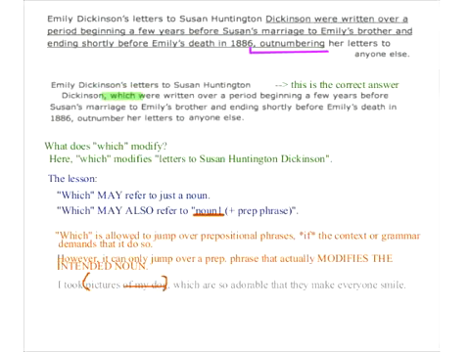So this is important because this is the kind of prepositional phrase that you can jump. So which is clearly talking about pictures because it's which are. So it's not the dog. The dog could be adorable too, but if it's which are, then we know we're talking about pictures.